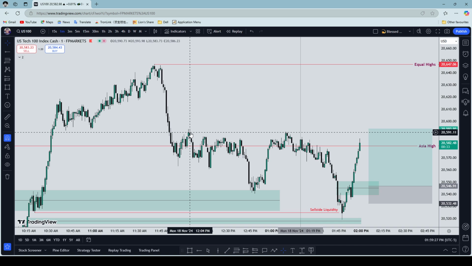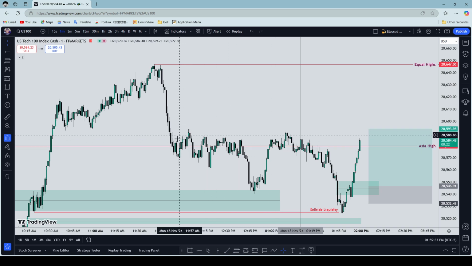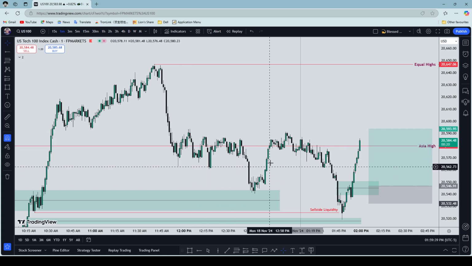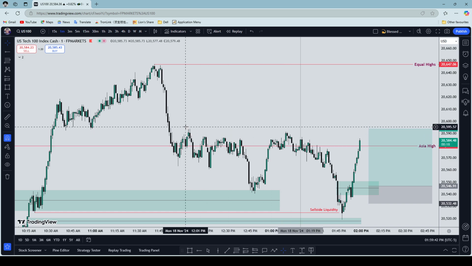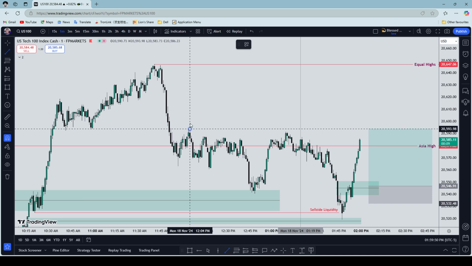So the wick of this candle here is higher than this one, and it's also higher than this one. So right here, this is a swing high. In this area, price was consolidating like this, then dropped down, and failed to take out this high.